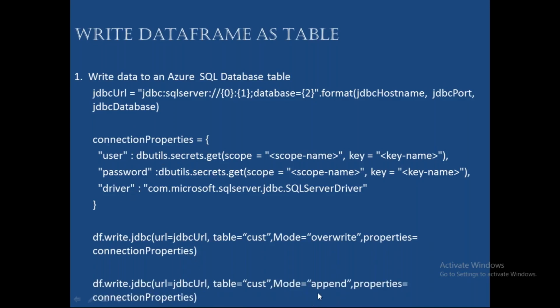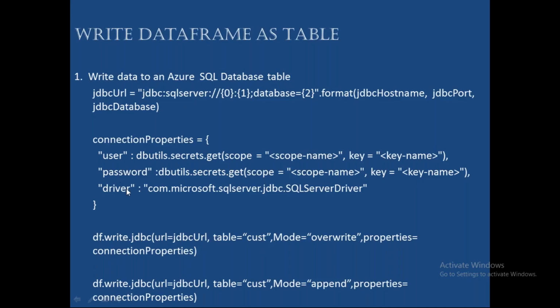Okay, so the second way is you can say append. Append means to the existing data, if you want to append some new data, then you need to go with append. You can go with overwrite and append, so both are possible. Okay, so the URL and connection properties are important for connecting to the SQL database.